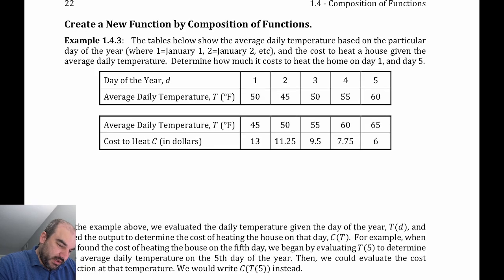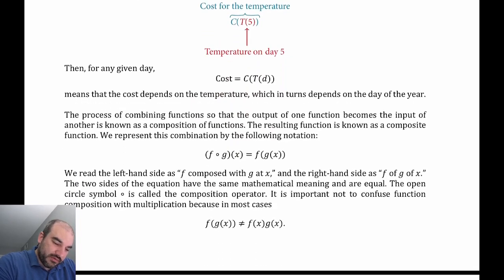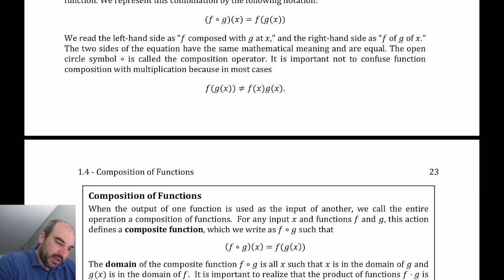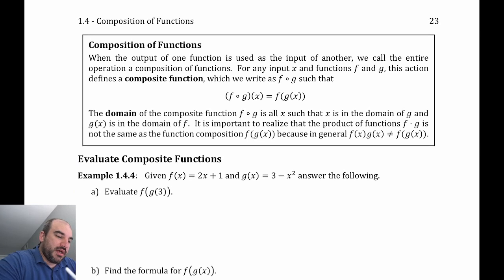So let's see what this example is. This is an example that's solved for you. So let me actually go through that. And let's talk about what this new symbology is and what the definition is saying.